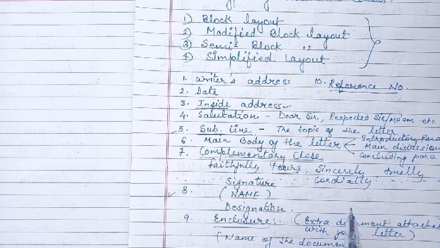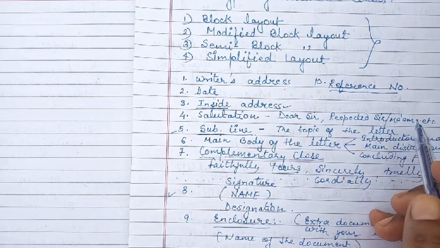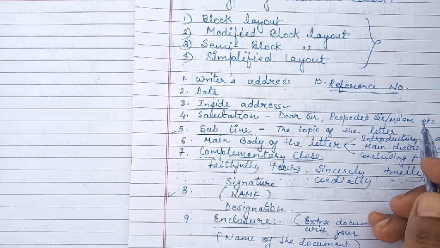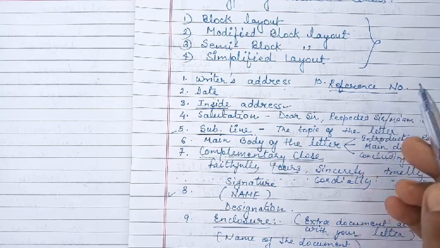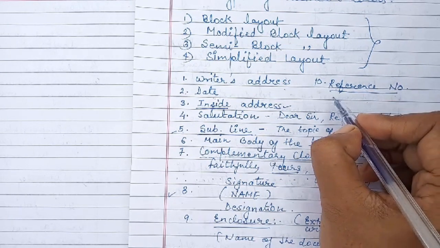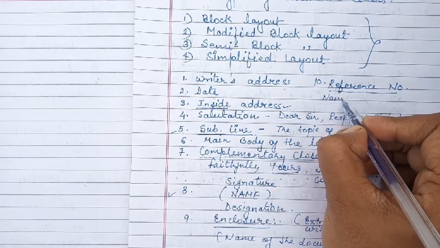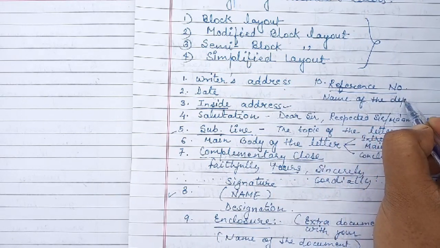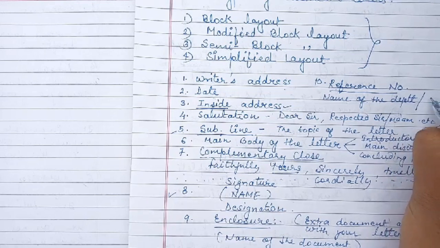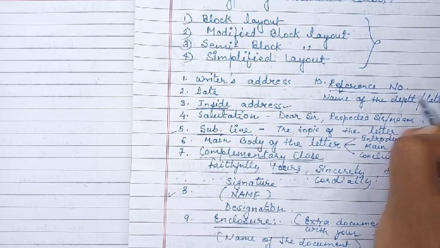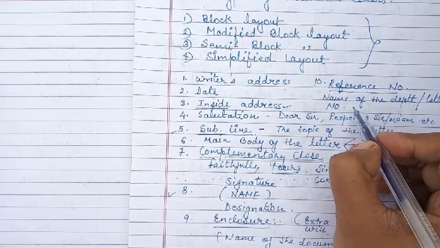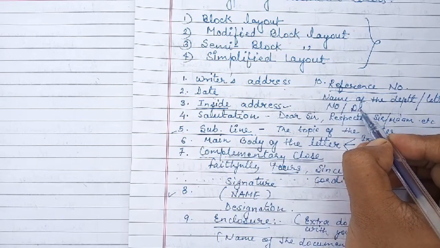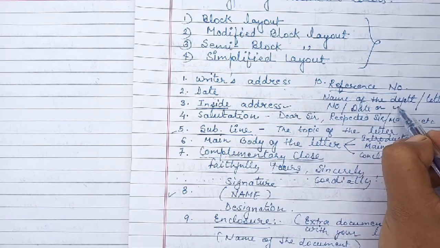A record demands the number of the document. How will you manage the documents in a file? You just give a number to that letter. So this document number may include things like the name of the department, letter number, date or year, etc.